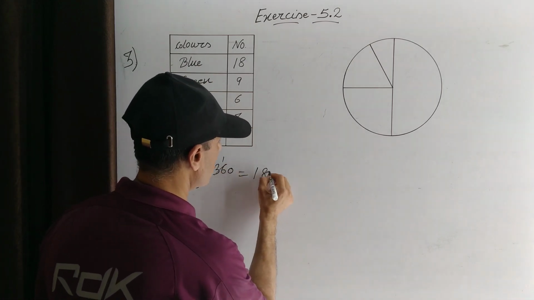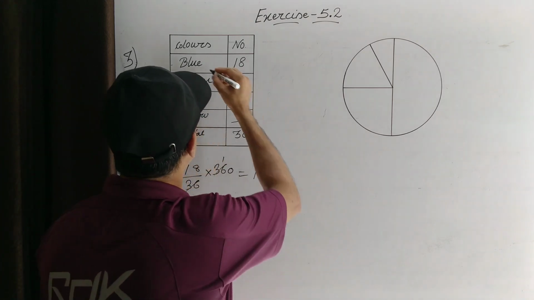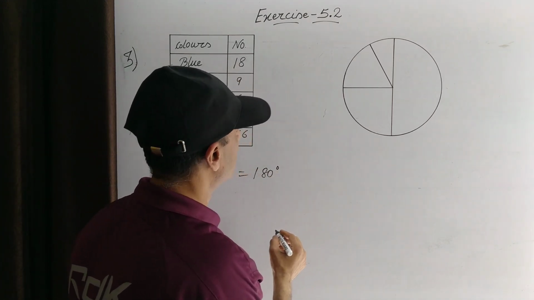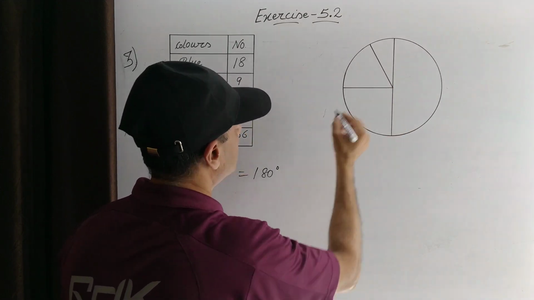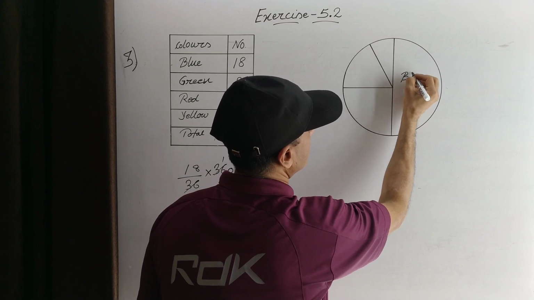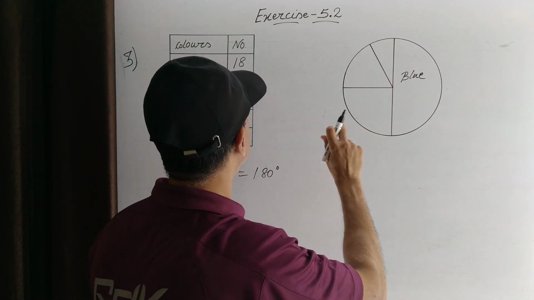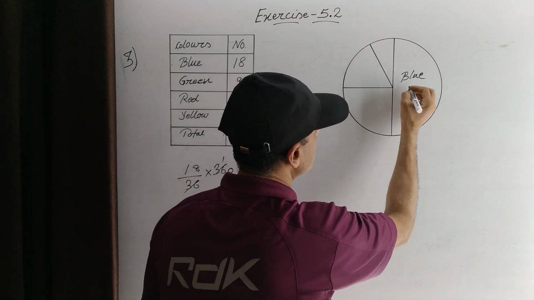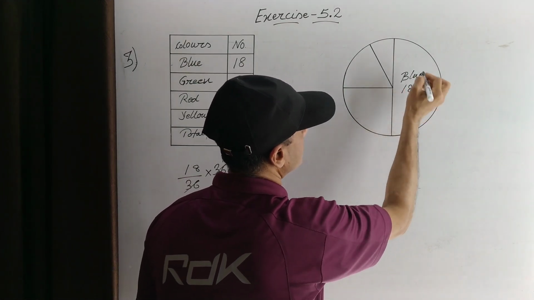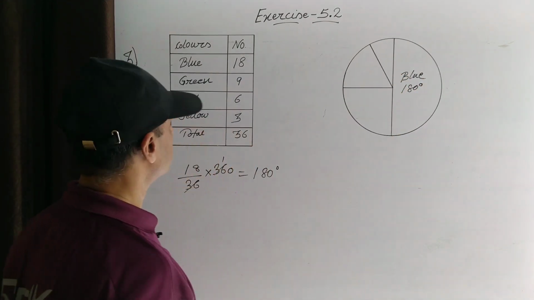So this is 180 degrees. In this pie chart, this sector will represent the number of people who prefer color blue, and this angle will be 180 degrees.